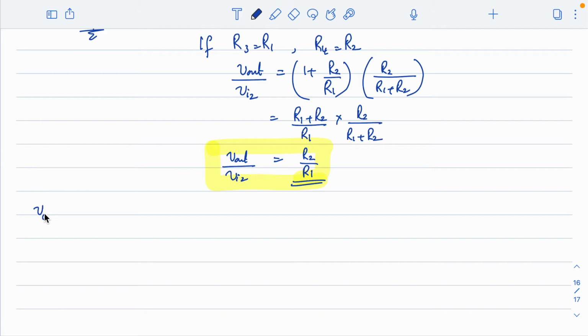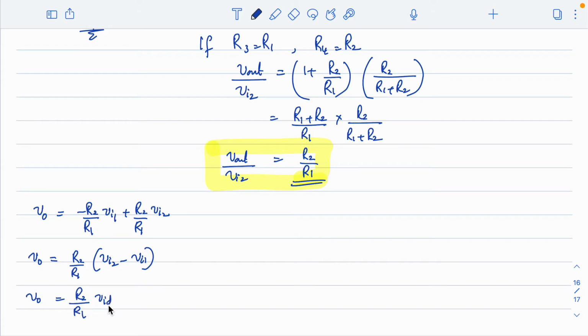The output can be written as, Vout can be written as minus R2 by R1 into Vi1 plus R2 by R1 into Vi2. Right, or I can write V0 is equal to R2 by R1 into Vi2 minus Vi1, or this can be further written as R2 by R1 into VID, which is the differential input will be magnified by the value R2 by R1. Is this clear?